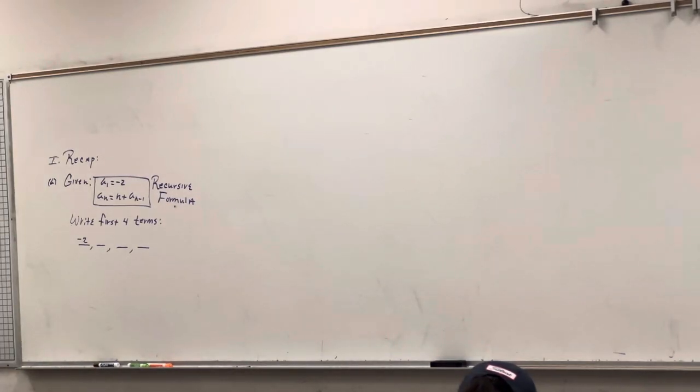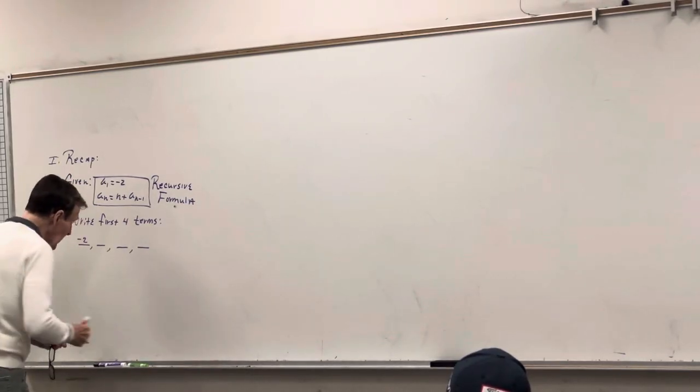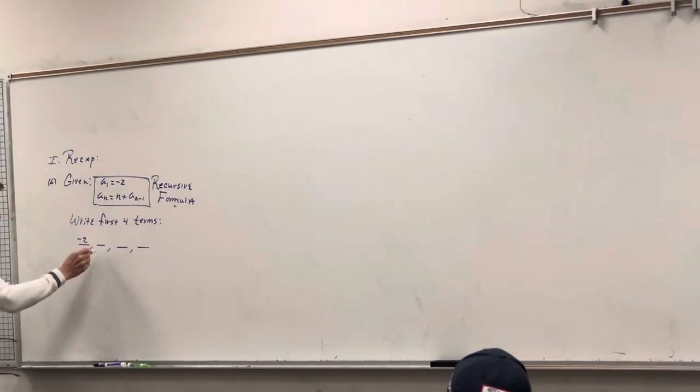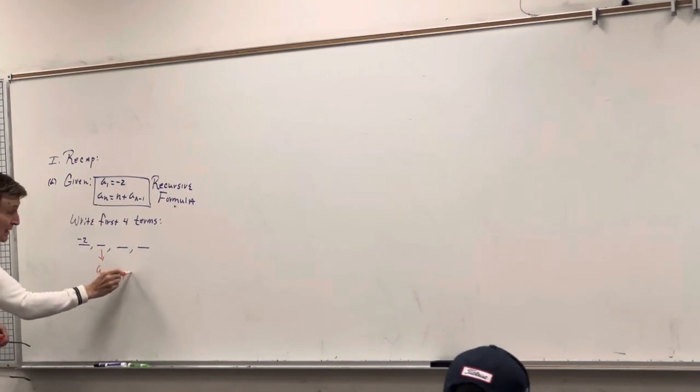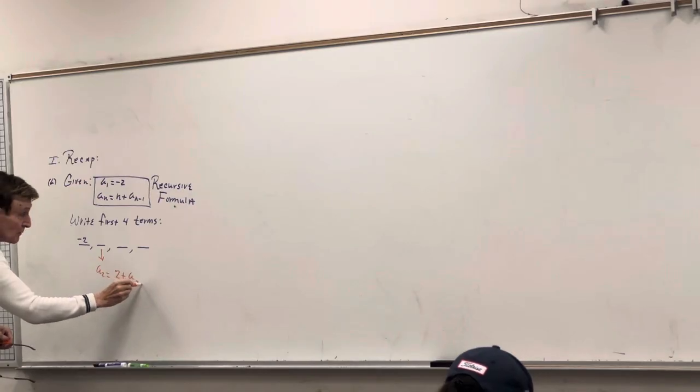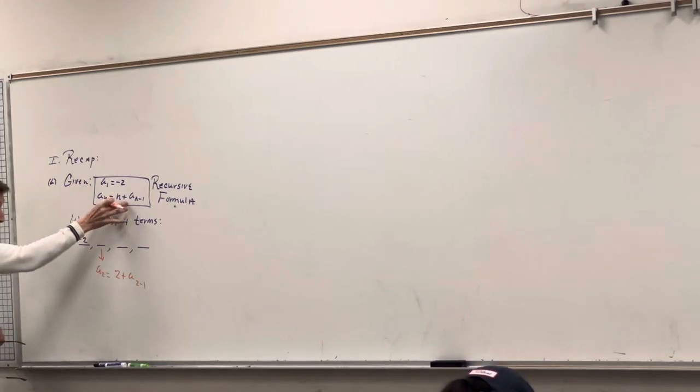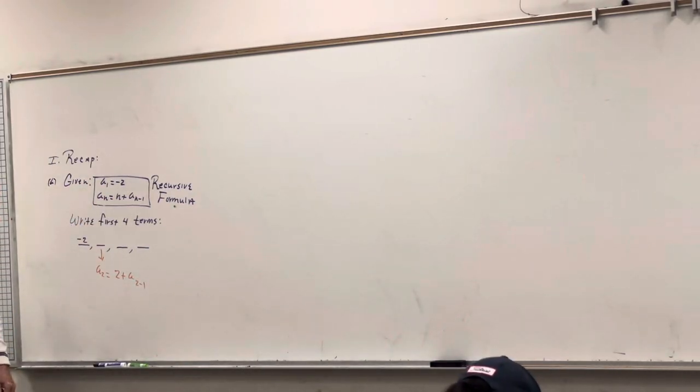Now, can I translate that little formula they gave me, that recursive formula, correctly and write now the second term? I've got to be careful. If I'm looking for the second term, guys, here goes. A subscript 2, we're going to replace n by 2 here, is 2 plus A subscript 2 minus 1 if I apply it to this formula. Everyone agree?